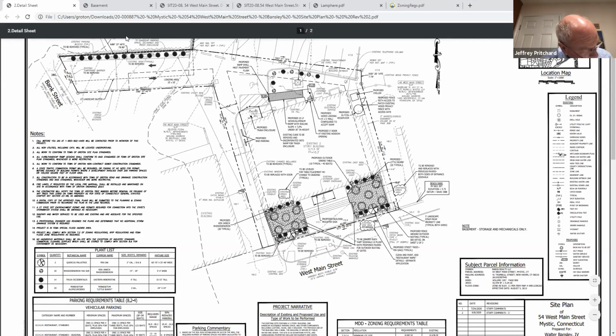Okay. Just another question: this is an intensification of use. Will this see a special permit? This is a permitted use in the zone. As part of the zoning regulation amendments, we eliminated a number of special permit uses, so even though this is an intensification of use, it will not see a special permit.